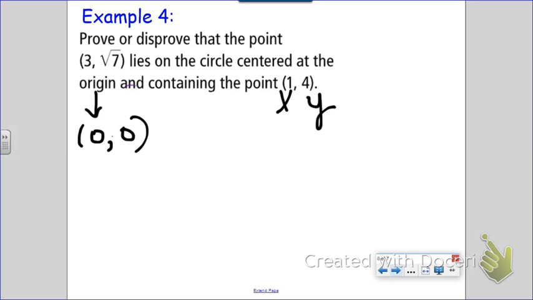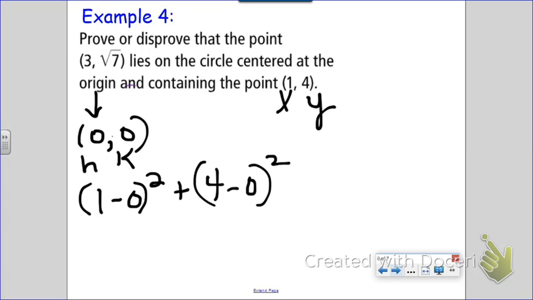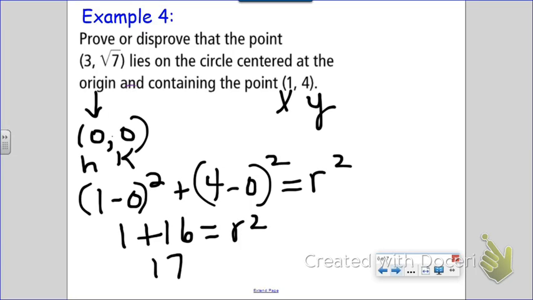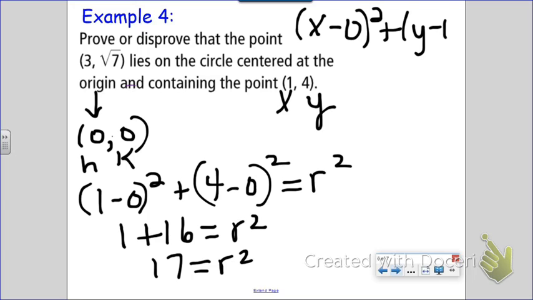So again, we're going to plug in, this is h and k, so (x - h)² + (y - k)² = r². Solve for r² first. 1 squared is 1, 4 squared is 16, r² equals 17. Write our equation, (x - 0)² + (y - 0)² = 17.